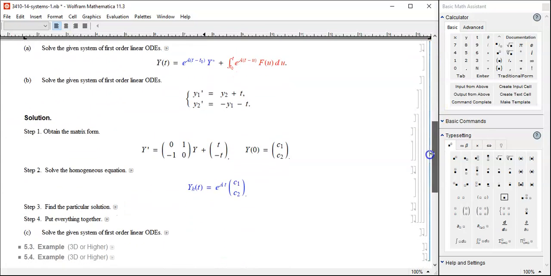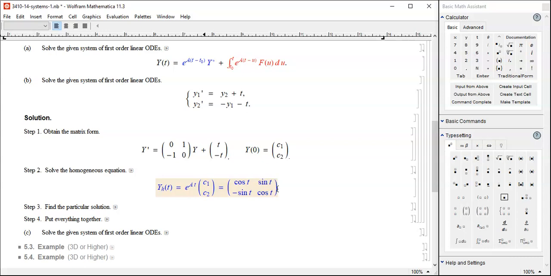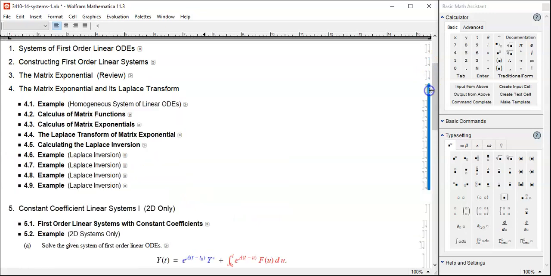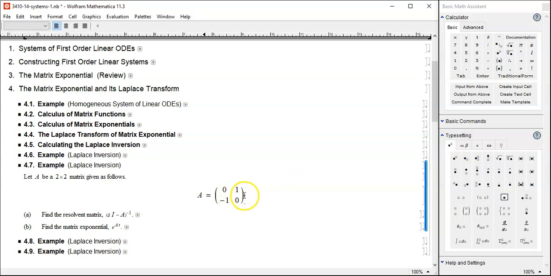Not pretty, but it worked out. Of course, there was a little better method. Here in section 4, we did it this way. I think this problem. Yes, indeed.